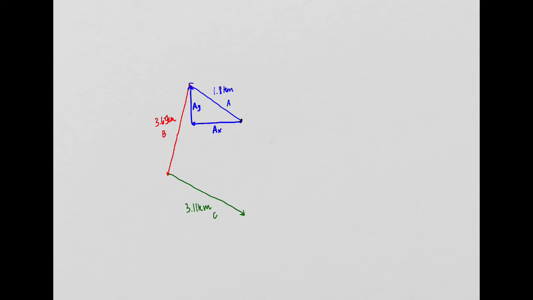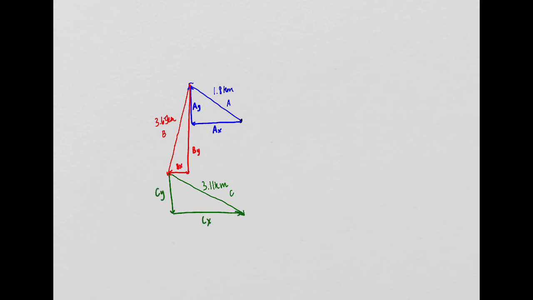Then we're going to need to solve for this component and this component, which is BY and BX. Then finally, we're going to need to solve for that component and this component, which is CY and CX.